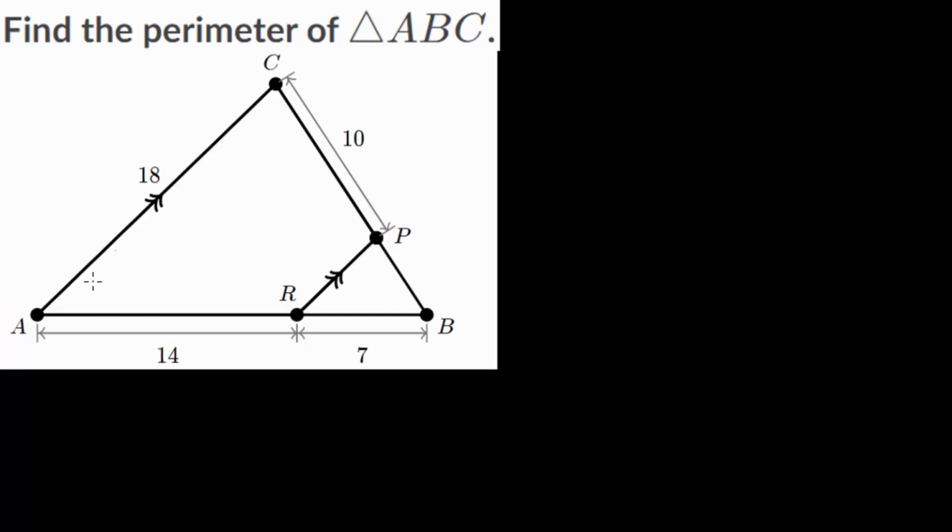And with parallel lines, we know corresponding angles are equal. This angle A will be equal to the angle PRB right here, since these are corresponding.